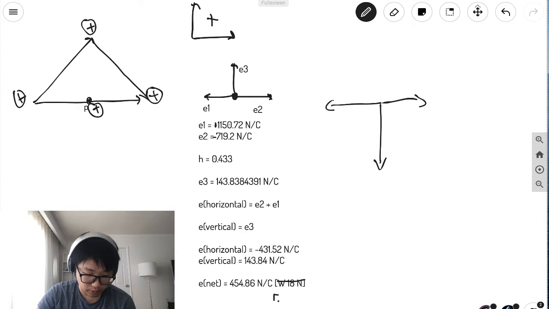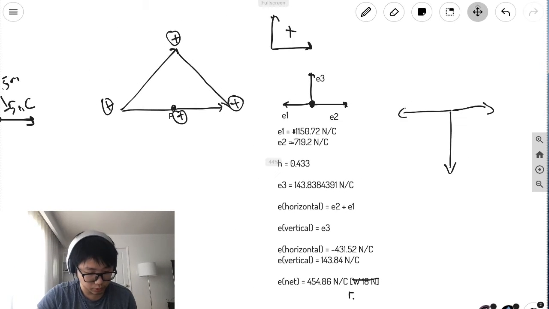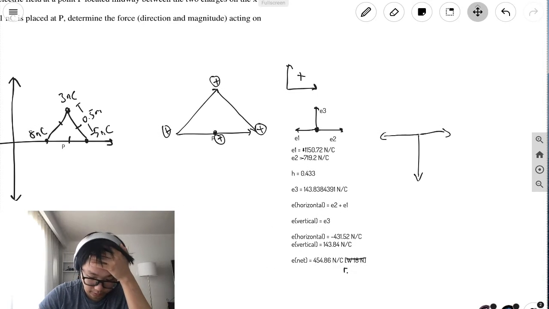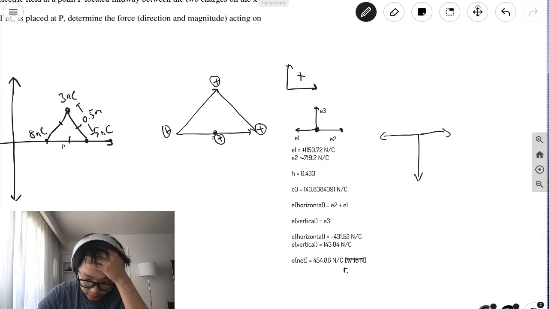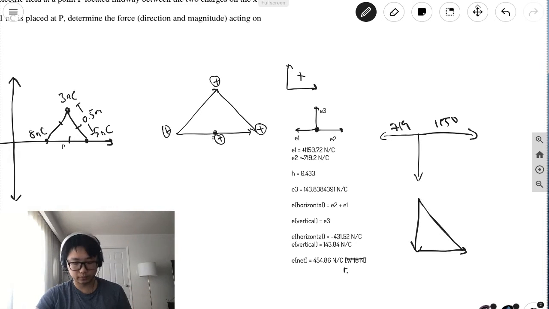Not just down, because I feel like you probably got the left and right mixed up too. So 1150 is probably the one going to the right, because 1150 is this one and 719 is this one. So it should be right, left. Just switch up the east.